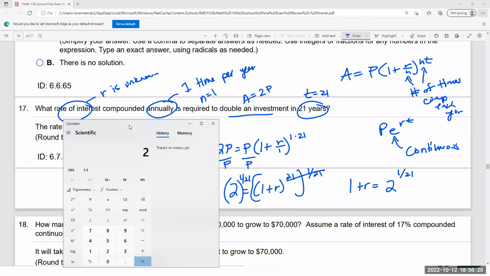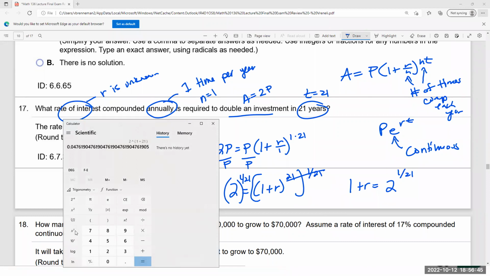2, and you might have a button that looks like x to the y, or you might have a button that looks like a caret, that up arrow type symbol. If it looks like this and you don't have an exponent position, then you have to put parentheses around whatever's going into the power.